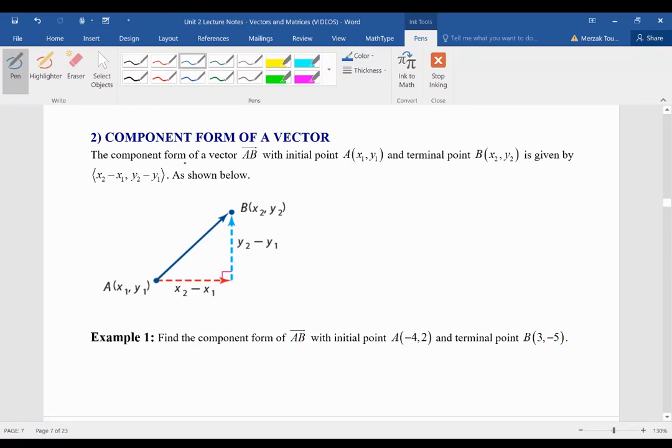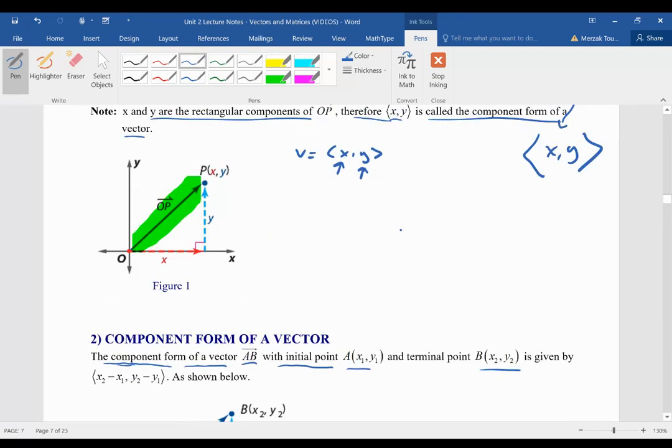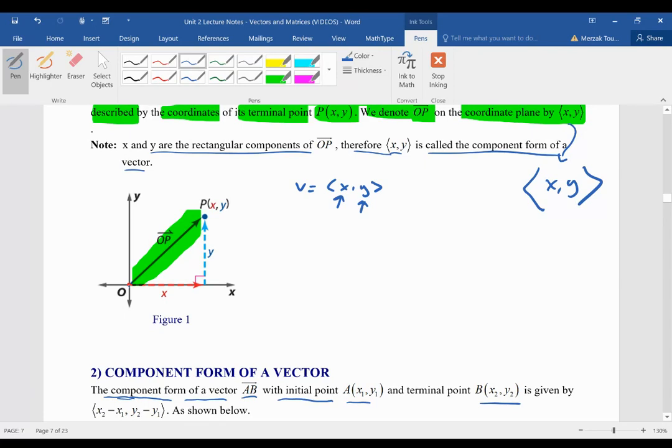So the component form of a vector AB, with initial point A and terminal point B. Now the difference between this one and the previous is not much, except the initial point of this vector here is 0 comma 0, and for that reason we can ignore it, because if we find the difference between the terminal point and the initial point, y minus 0 is y, and x minus 0 is x. That's why we just go by x comma y.